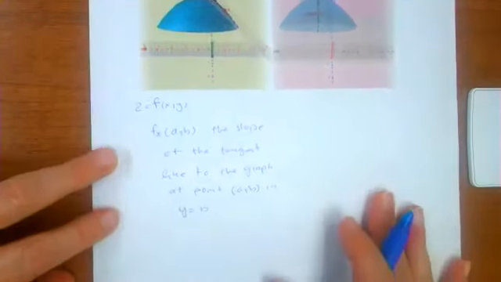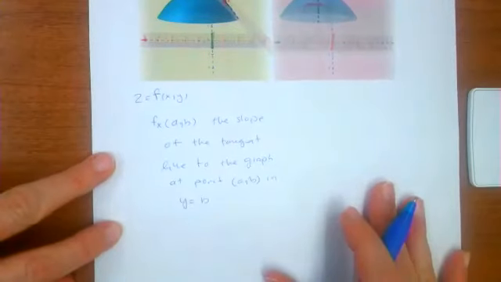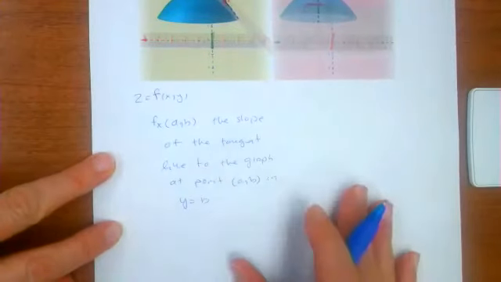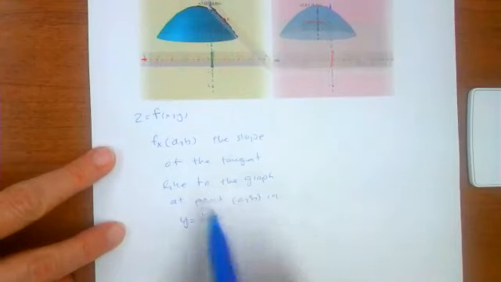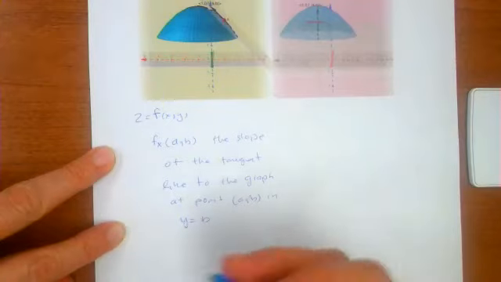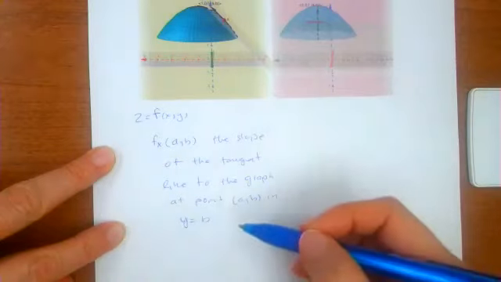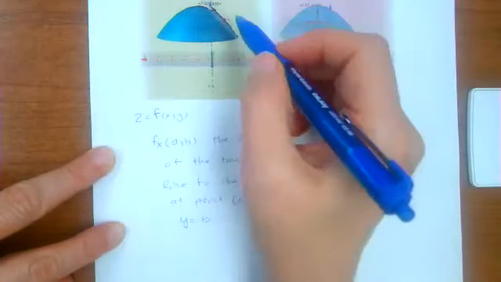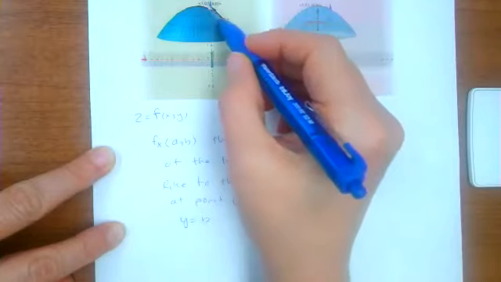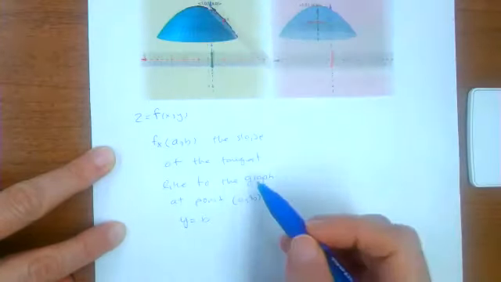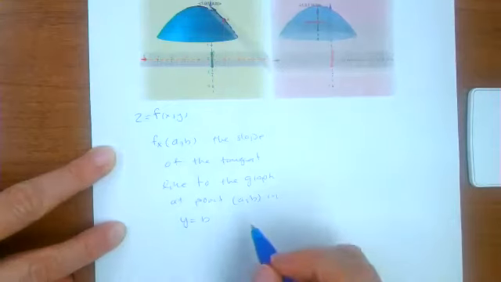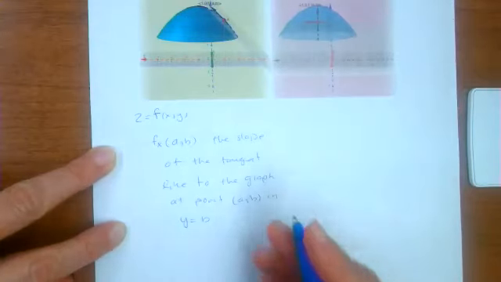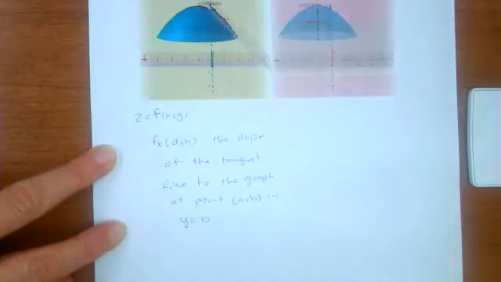So what else? I kind of want to transfer this, because for this tangent line, I want to find a direction vector, like a direction vector like that. This is the x direction, and here's a vector in the direction of the tangent line. So how do I find that?